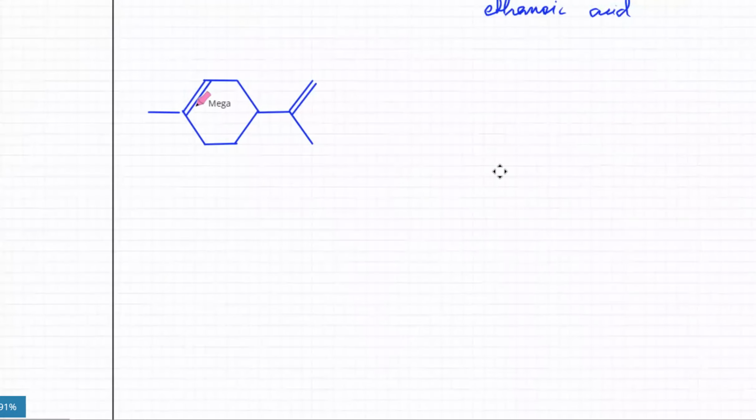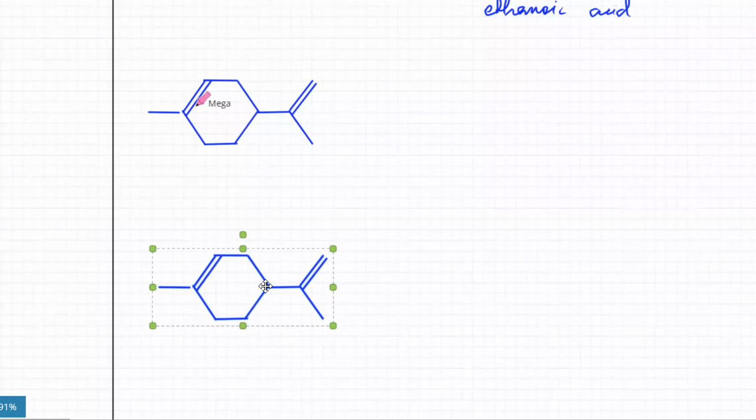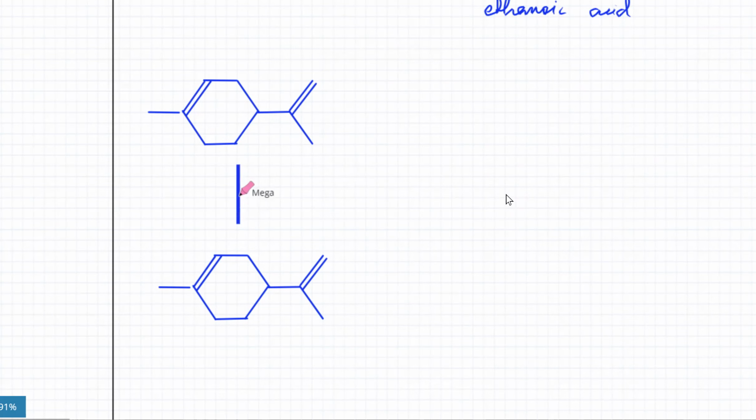Now the first thing is, break all the double bonds. That's the first thing. And remember, I'm talking about strong oxidation. Mild oxidation is easy. You just put OH groups. So you've got all these carbon atoms.